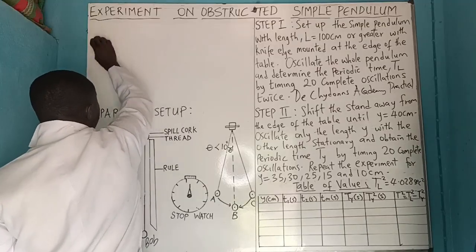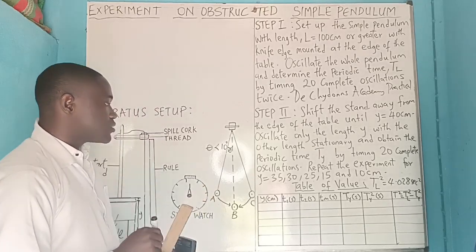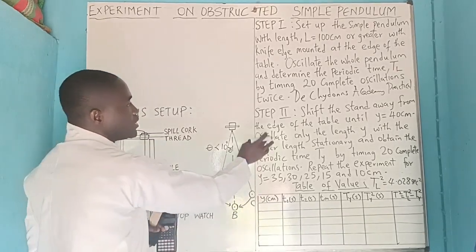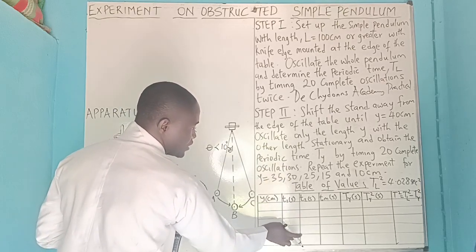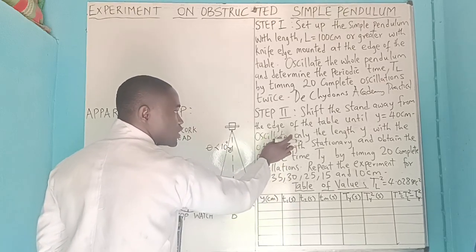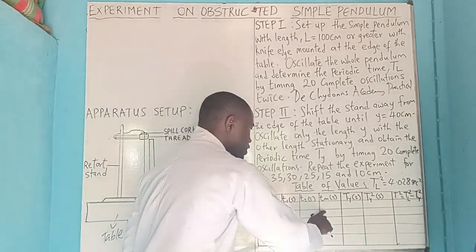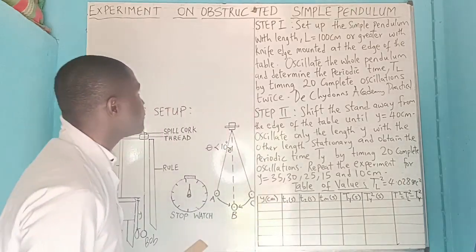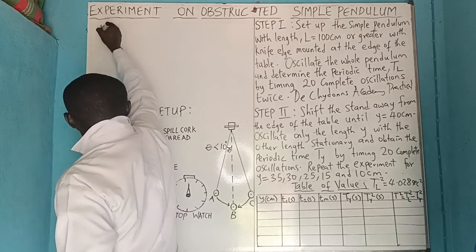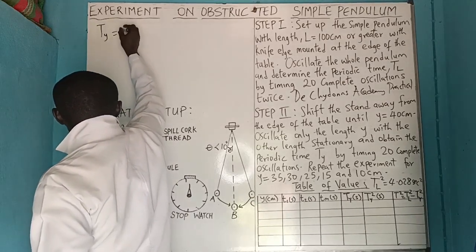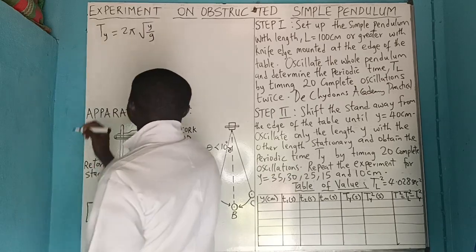For the second experiment, you recall that this step 2 is vividly for this experiment. This table is focusing on this step 2. Yes, because once we are able to get all this, we are able to get this perfectly. Now, we also say that period for y is equal to 2 pi root y over g.